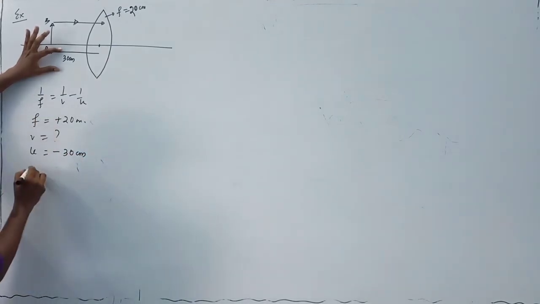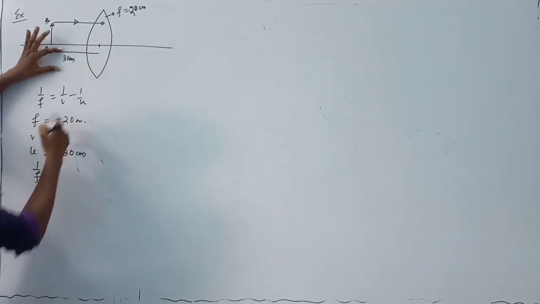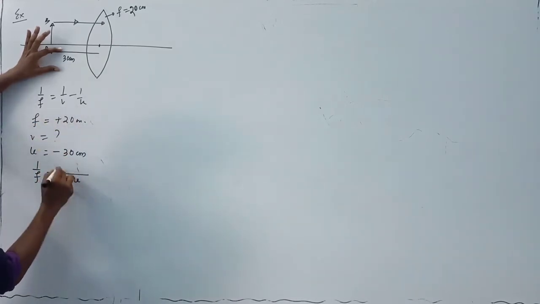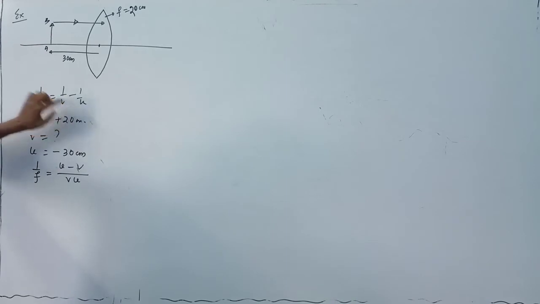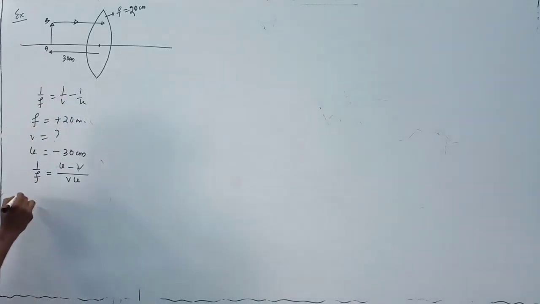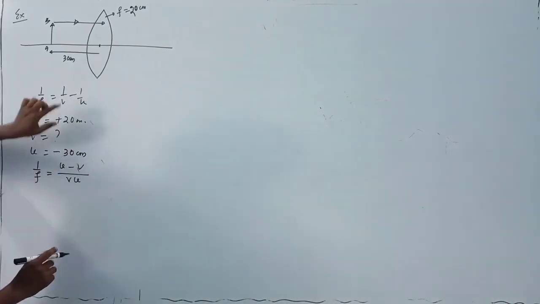Now use this concept here: 1 by f equal to 1 by v minus 1 by u. If you take LCM, that is (u minus v) divided by uv. But we have to find the relation for this v.